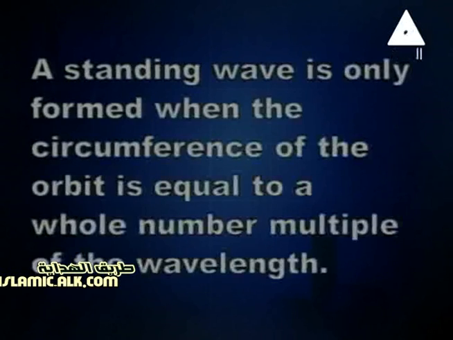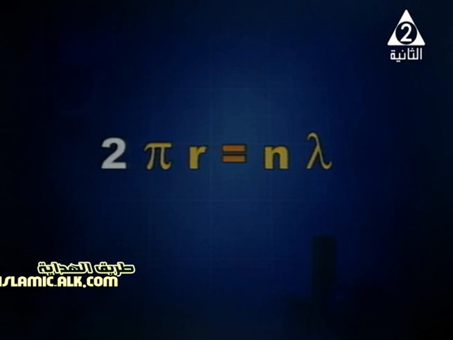A standing wave is only formed when the circumference of the orbit is equal to a whole number multiple of the wavelength. So the circumference, which is 2 pi r, should be equal to a whole number of wavelengths, lambda, and could be 1 or 2 or 3.